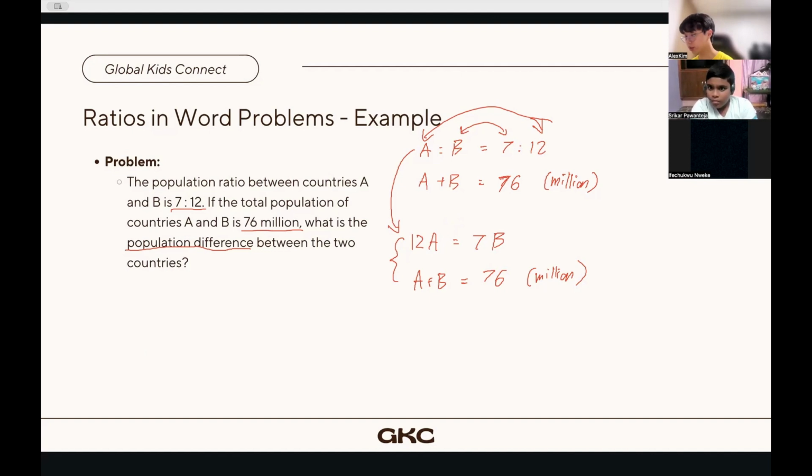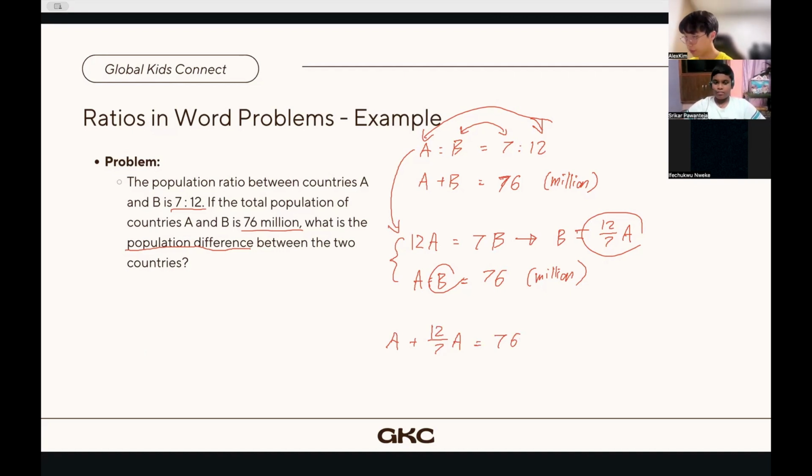What I mean by that is we can change the first equation to say B is equal to 12 over 7 A. Now that we know B equals 12 over 7 A, we can replace B in our second equation with this 12 over 7 A. So we can say A plus 12 over 7 times A is equal to 76.